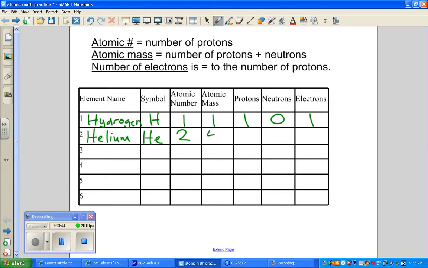Okay, the number of protons is the same as the atomic number, so there are 2. How many neutrons are there? If the mass is 4 minus the atomic number, there's 2 neutrons. And then the number of electrons is the same as the number of protons.